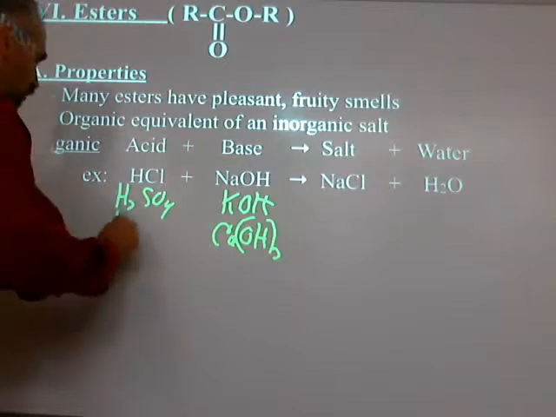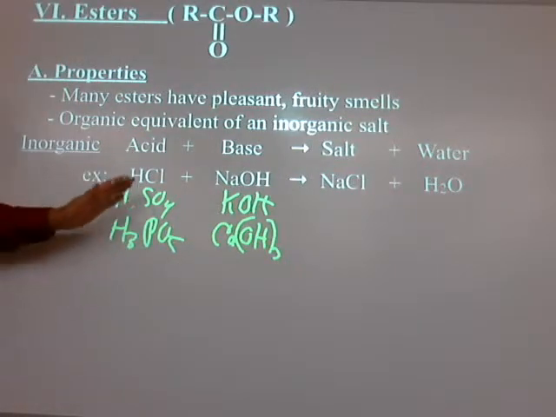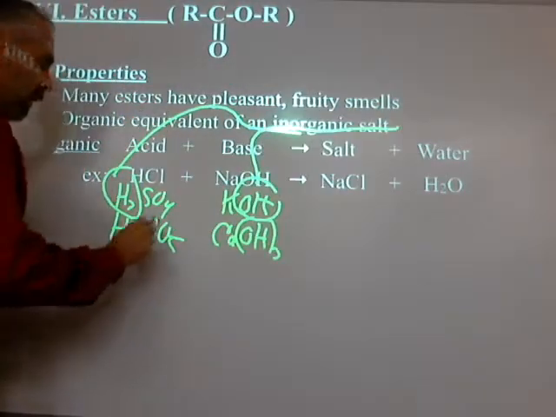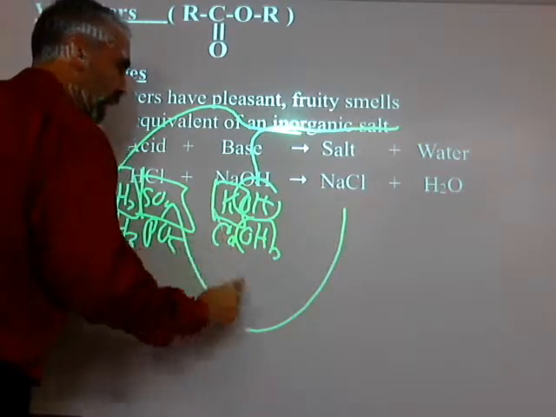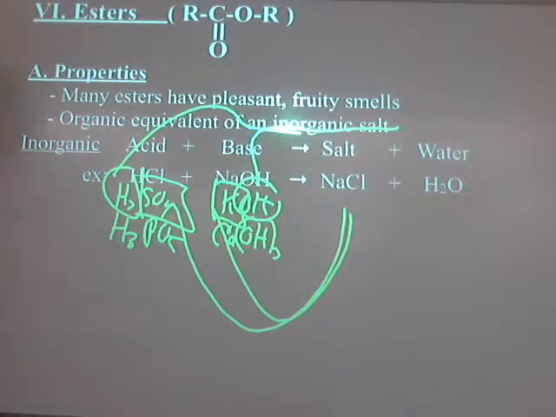It could be H3PO5. It could be anything, as long as it's an acid. This H and this OH will get together. This negative ion and that positive ion would get together. So you'd have potassium sulfate and water again. Okay? So you remember doing that, right?